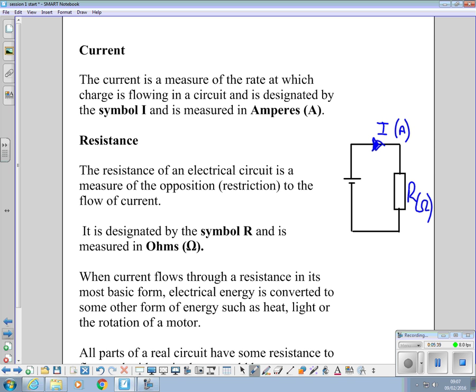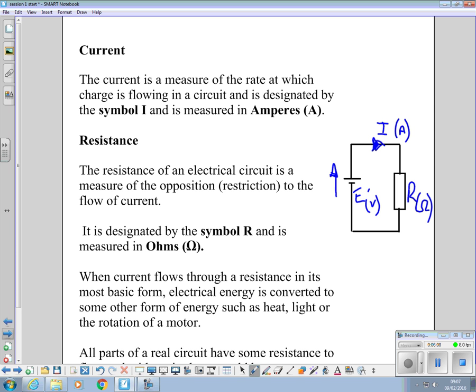More about that later. And then here we would say we've got a potential difference or a voltage, and for a source we often use E measured in volts for EMF, because that's a source. But we'll also be talking later about volt drops or potential differences across the components around the circuit as well.